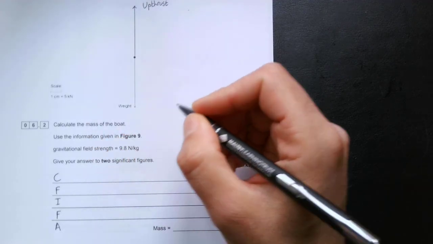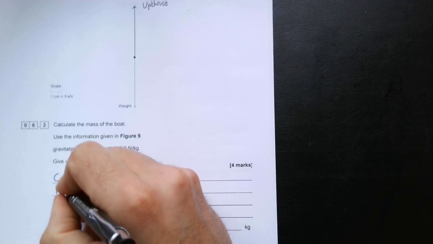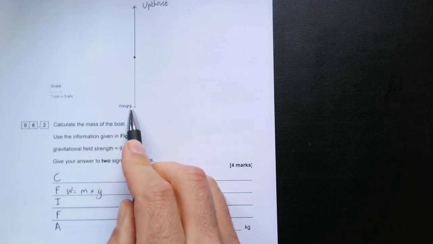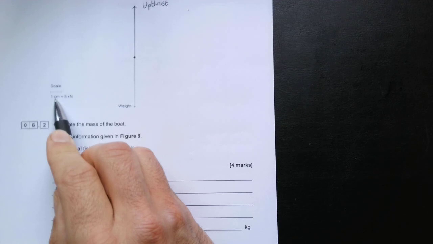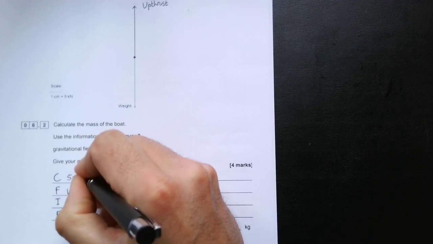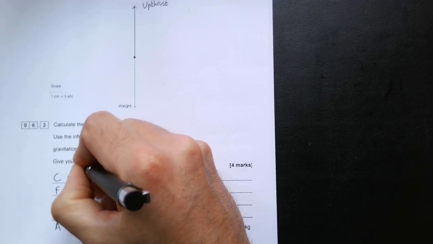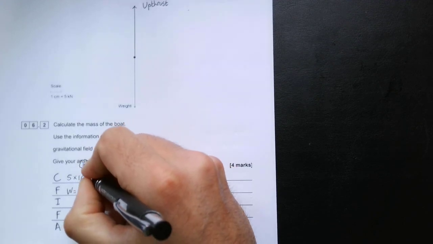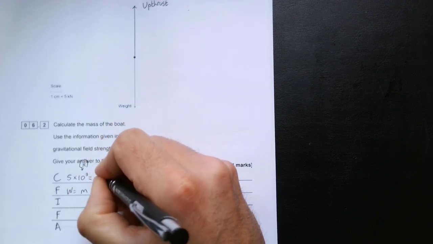So the obvious equation that we would use is weight equals mass times gravitational field strength, because we want mass, we're given gravitational field strength, and we're given weight. Here it says 1 centimetre equals 5 kilonewtons. So first of all, we've got to convert. So we do 5 times 10 to the 3. Remember, it's 10 to the 3 because it's K. So 5 times 10 to the 3 is 5,000 newtons.